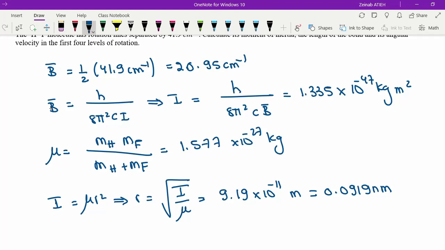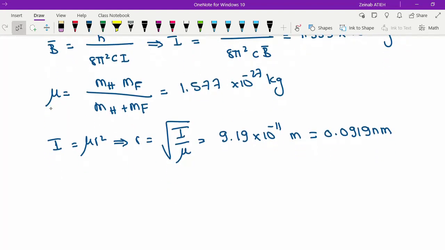In the last part, we have to find the angular velocity in the first 4 levels of rotation. We have to find omega. Omega 0, omega 1, omega 2, and omega 3. To find omega, we know that the angular momentum J is equal to I omega. Omega is a classical symbol for rotation, while J carries a quantum mechanical meaning. We know that J classically is equal to I omega.